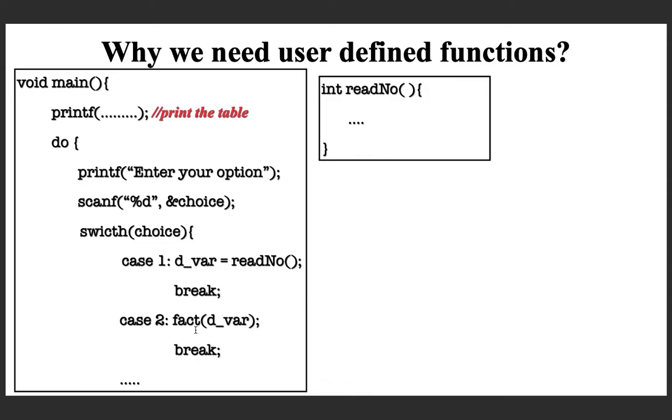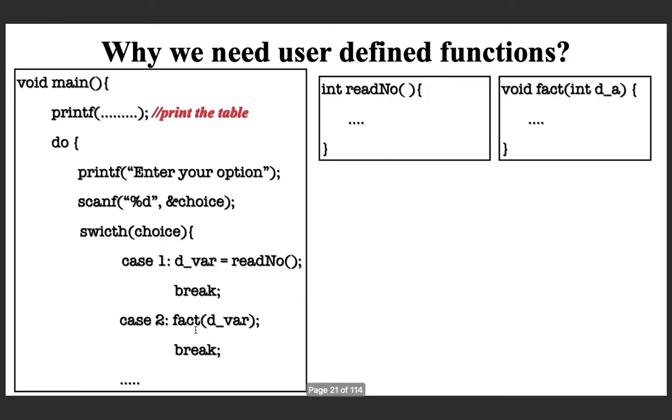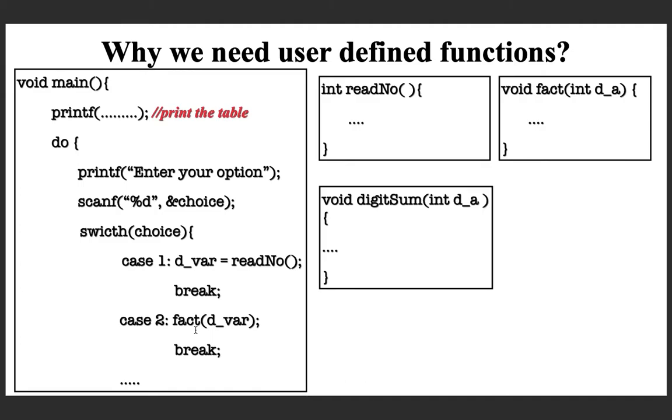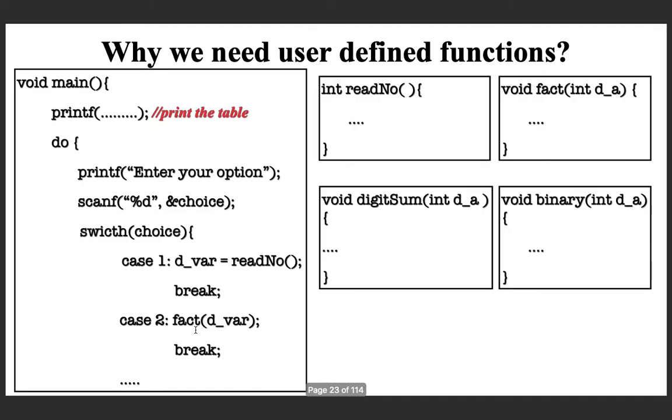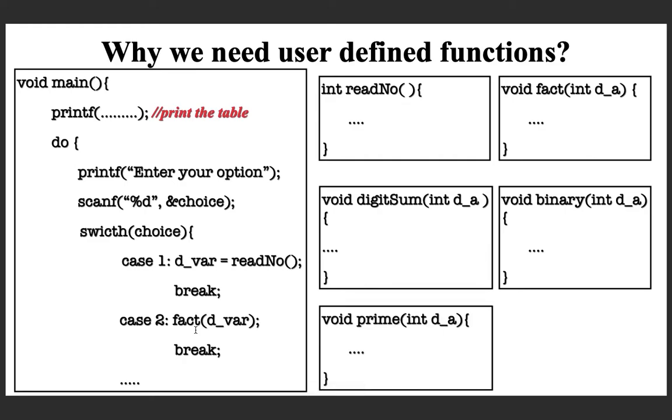So this is what you can do. Now you can have a function to read a number, a function to find the factorial. I'm assuming that printf will happen within the function itself. Then a function to find the digit sum, another function to find the binary equivalent, and finally a primality checking function. And see how easily I can understand what the code is doing if I have such a code.